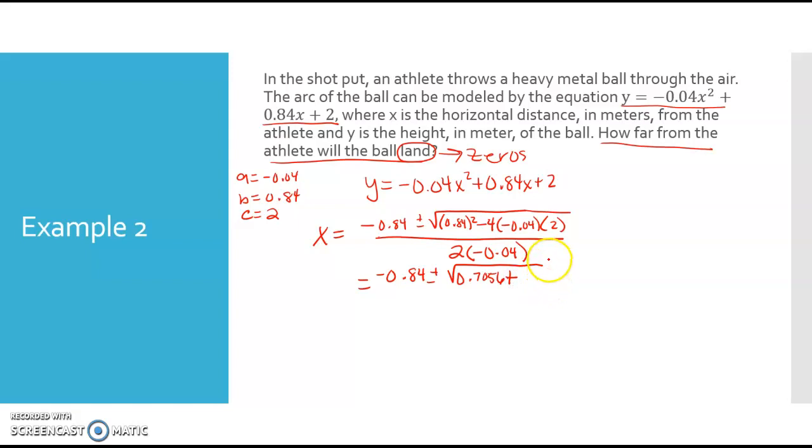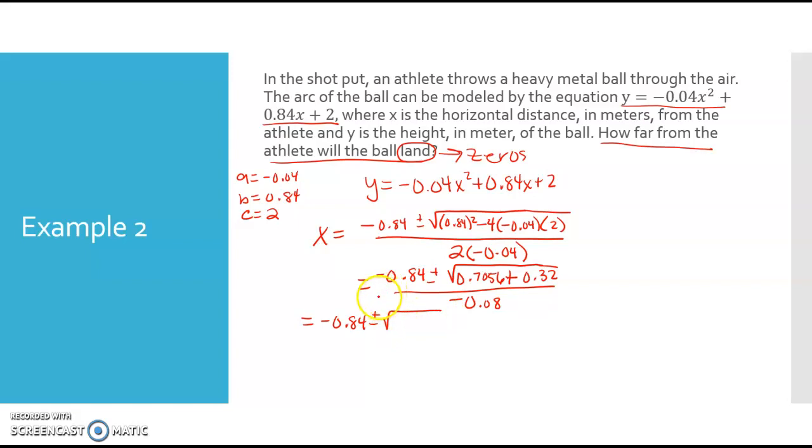Plus, and then 4 times 2 is 8, and 8 times 0.04 is 0.32. And then all of that is over 2 times negative 0.04, which is negative 0.08.